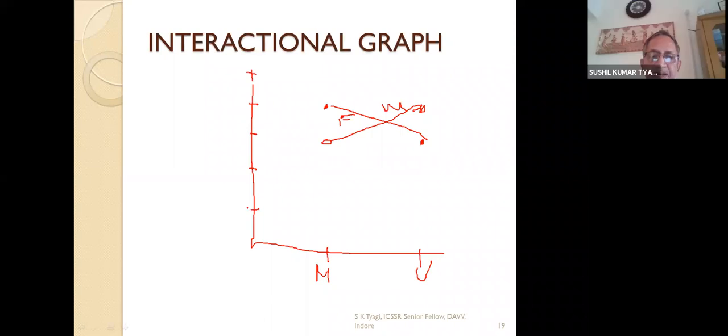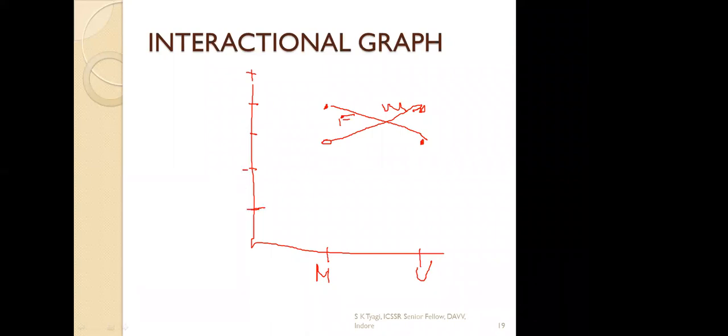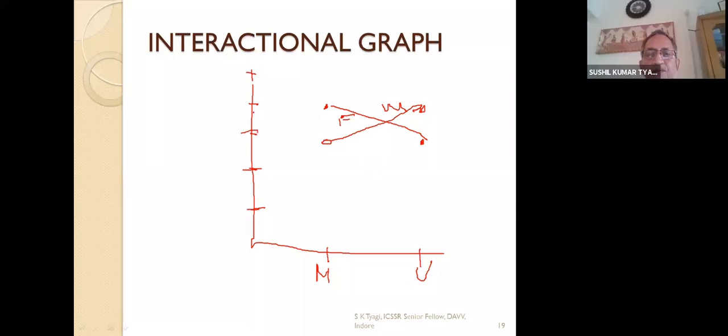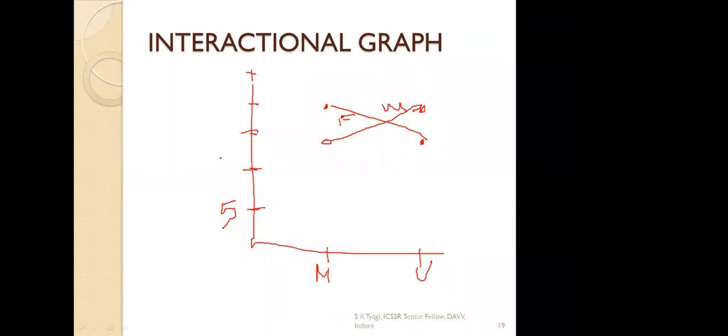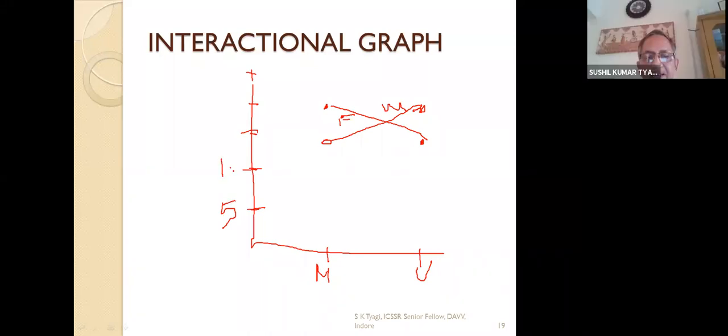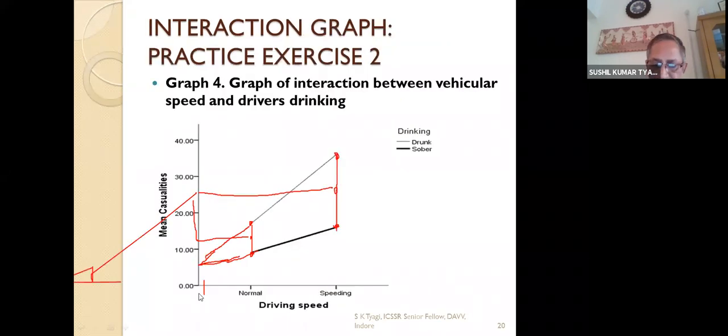Because I have taken on the left 1, 2, 3, 4, 5. In the earlier example, I took this as 5, this as 10 and then 15. So suppose this were 5, then my graph will be like this.